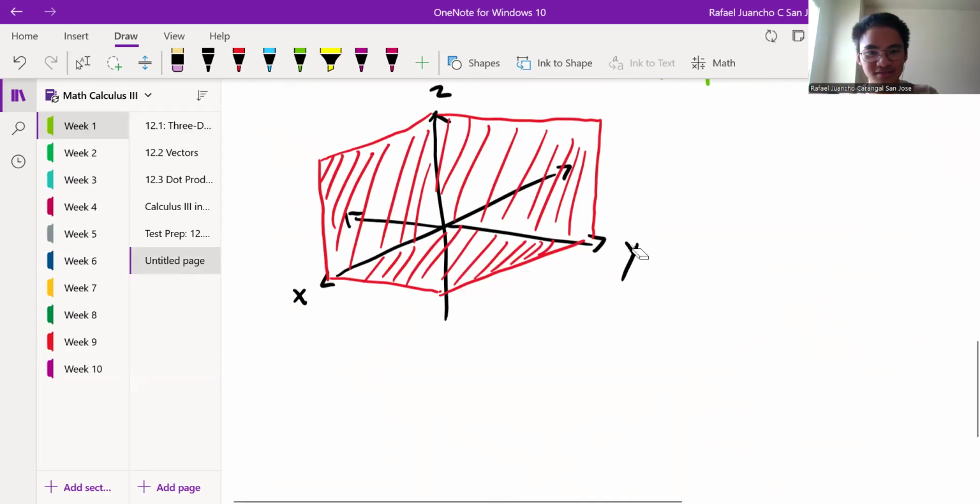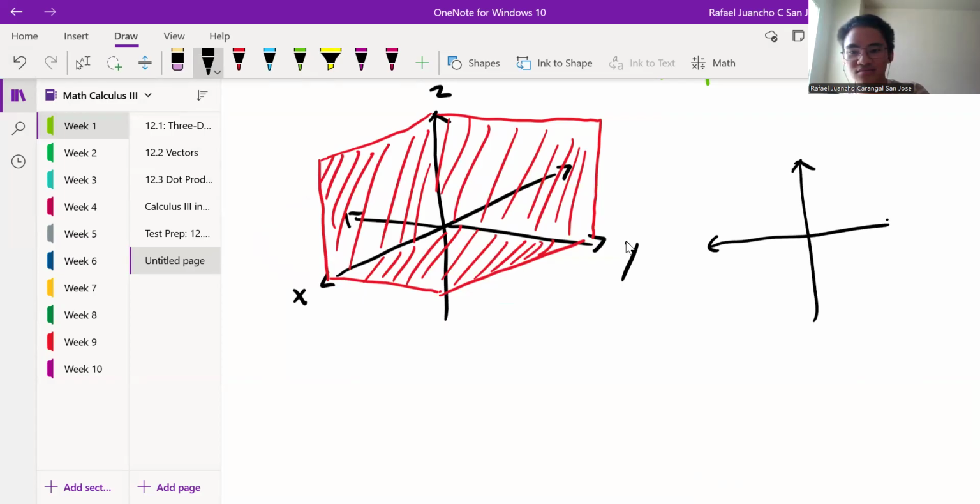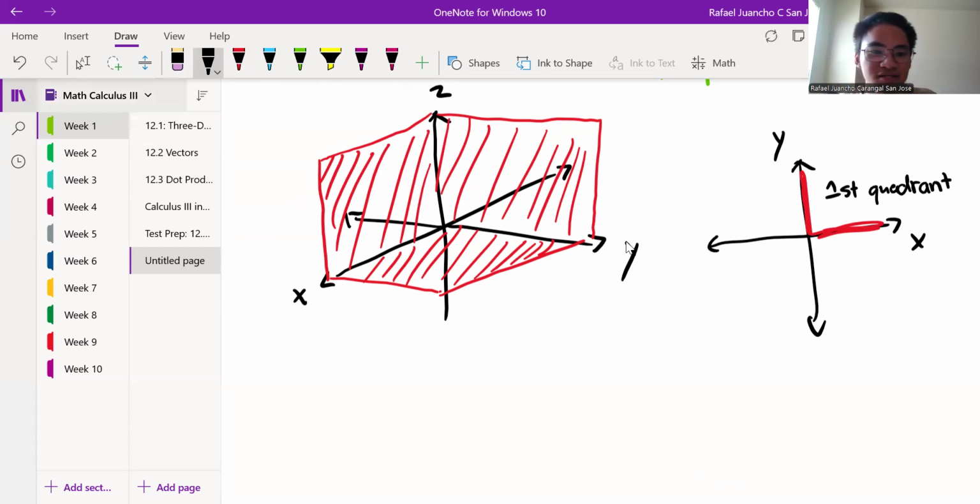Because if you look at this XY plane, if we redraw that, so the XY plane, the positive values are here. Because we remember this is the first quadrant from high school geometry. And the first quadrant is this thing here. Right? That's the first quadrant.